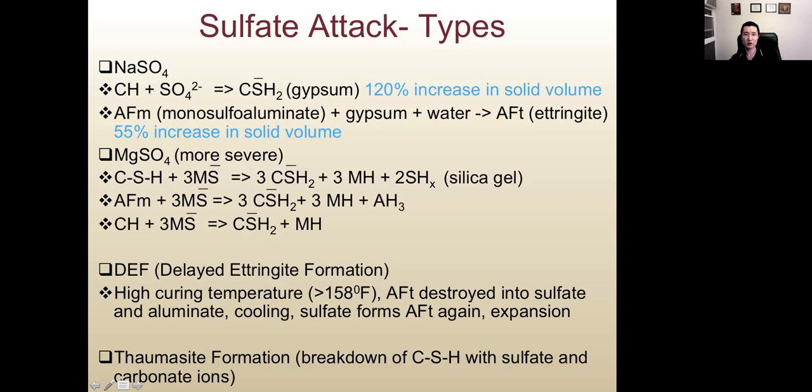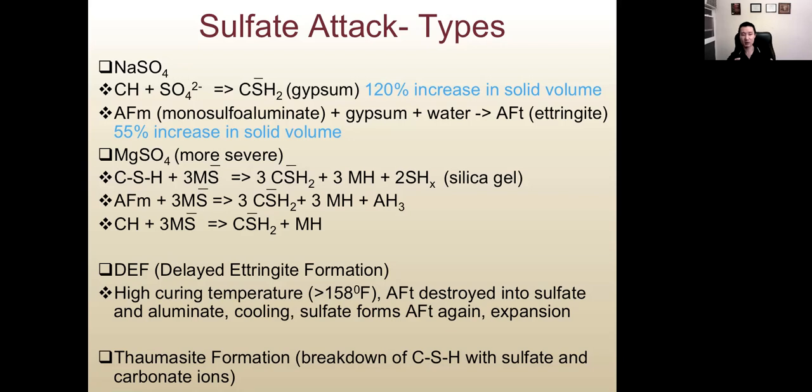The third type of sulfate attack is DEF, or delayed ettringite formation. I think we discussed DEF before in the lecture on curing. If we increase the curing temperature, ettringite may be dissolved or destroyed into sulfate and aluminum ions.